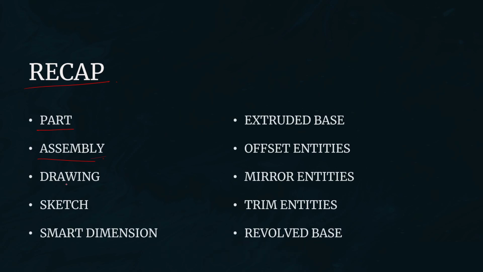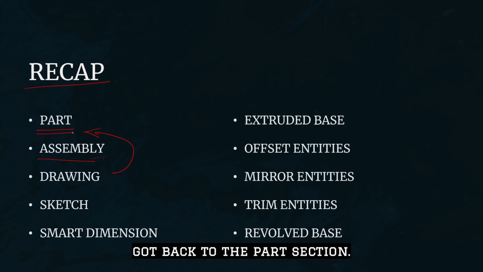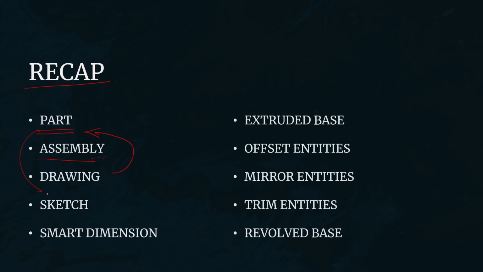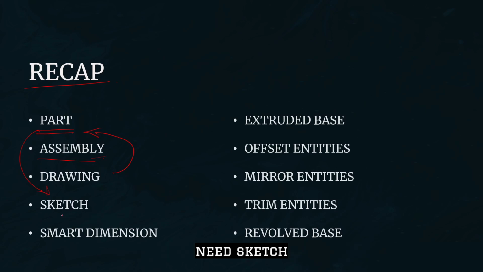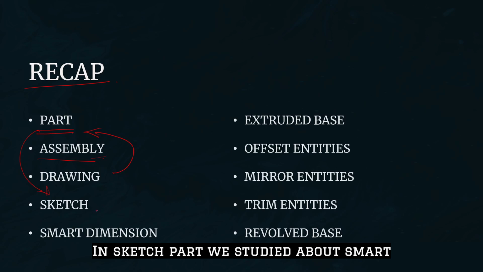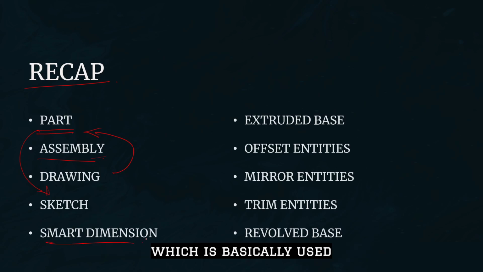After the drawing section, we got back to the part section and studied sketches: what a sketch is, why we need a sketch, and how to make a sketch. In the sketch part, we studied smart dimension, which is used to provide dimensions to different shapes like square, rectangle, polygon.